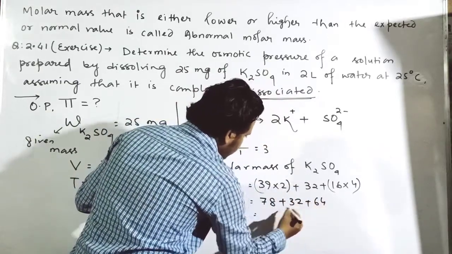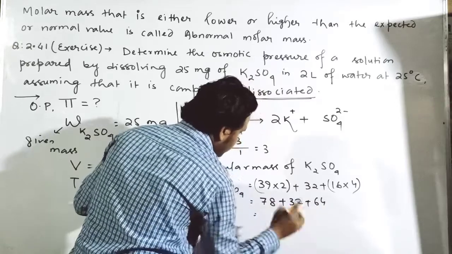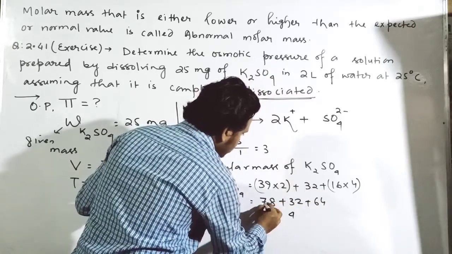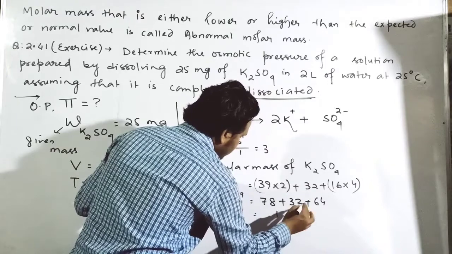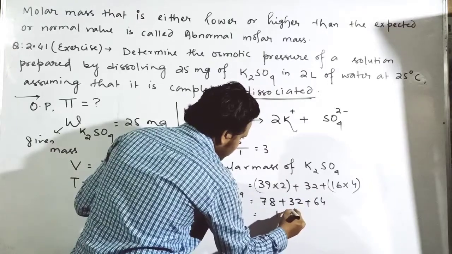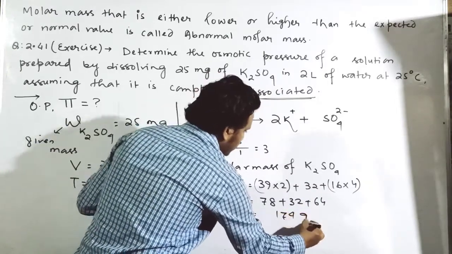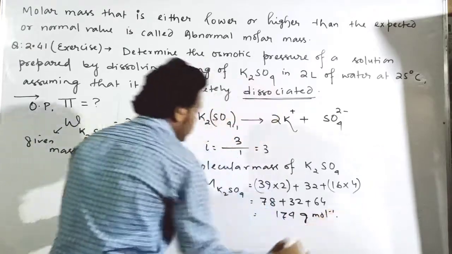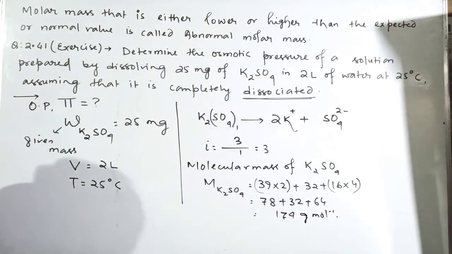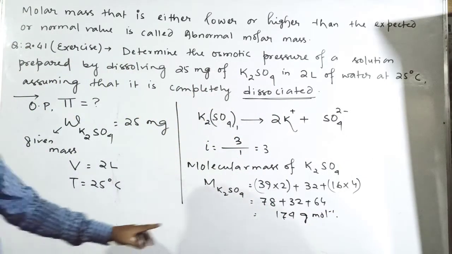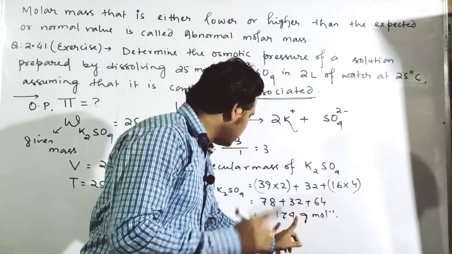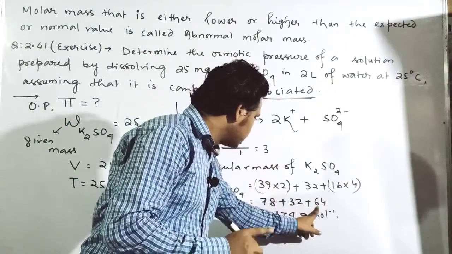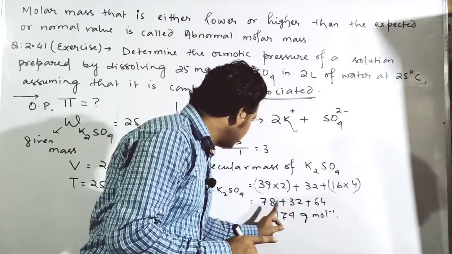So the total is 174 gram per mole. So the molar mass we have calculated.